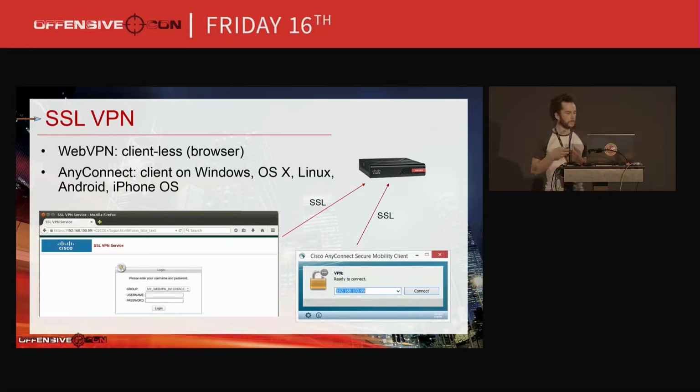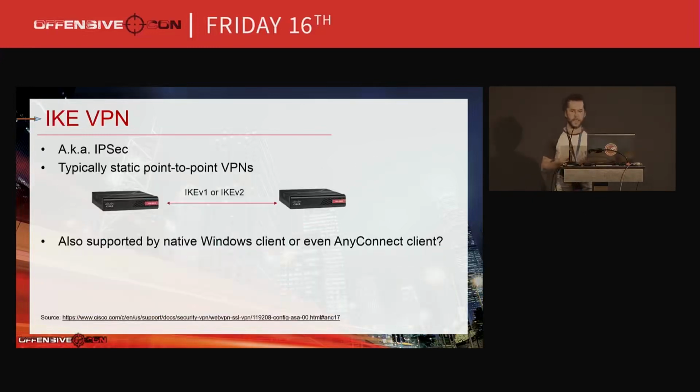And on the left side, you have the web browser, which is a clientless version of the same protocol. Then you have IKE. So IKE, originally, when I found the bug, I didn't find the bug in IKE, but I've used IKE to help me massage the heap and exploit the bug to prove remote code execution. So originally, it's just a helper, even though now we know it's also potentially exploitable over IKE.